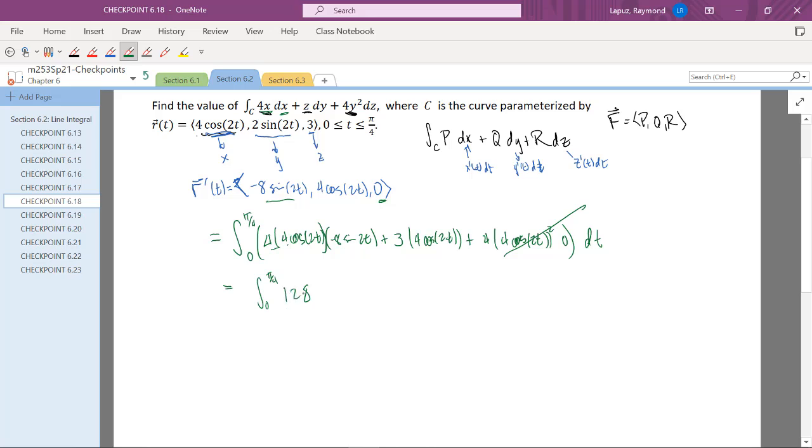That's 128, negative, and then we have cosine 2t sine 2t. Oops, these are 2t's, not just regular t's. And then we have 12 cosine 2t dt.